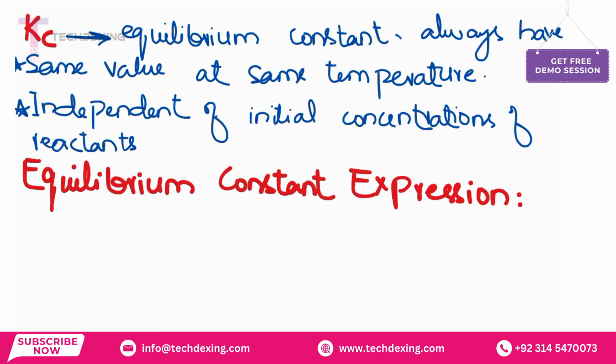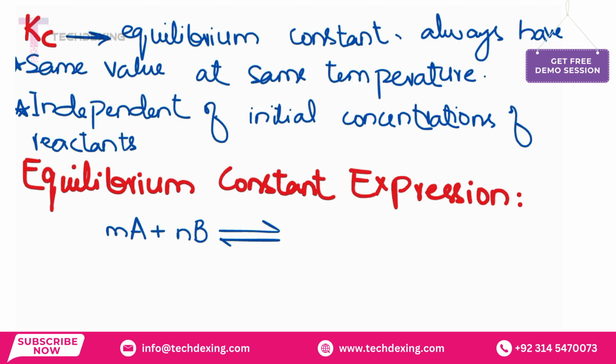So we say that m moles of a substance A react with n moles of a substance B, and a reversible reaction takes place.